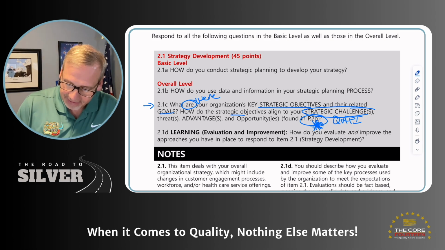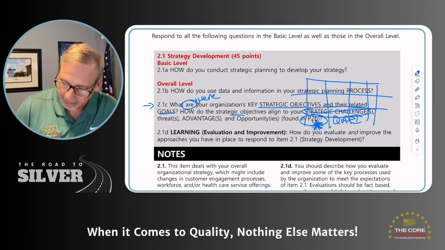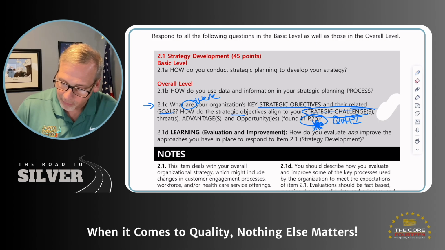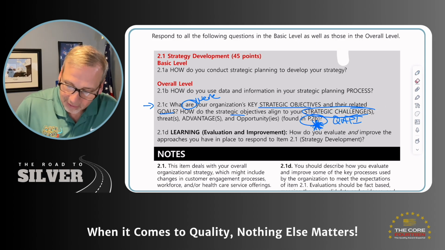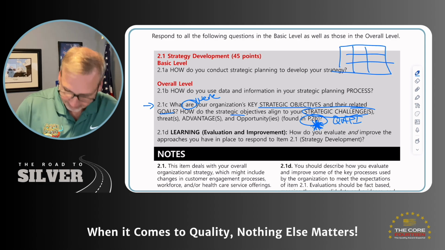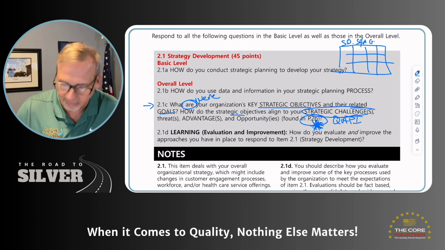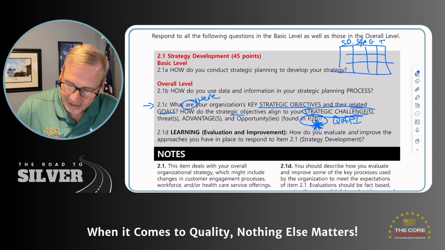at the end, if you had a table like this... all right, that's not a good table. Let me draw a different one. Sorry. Stay with me. Okay, so if you had a table like this, and this is your strategic objectives, and these are your strategic challenges or advantages or whatever, and this is your goals, your measure, and maybe this is your timeline.